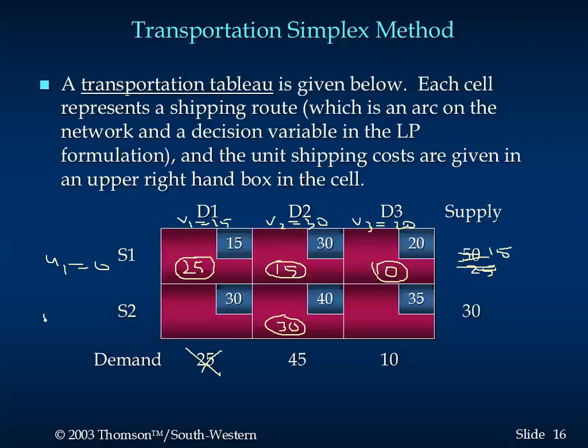Coming here, U2 equals 40 minus 30, which is 10. What are the delta IJs? 30 minus 10 minus 15, which is plus 5. And here, 35 minus 10 minus 20, which is again plus 5. So this is optimal. Very, very simple.